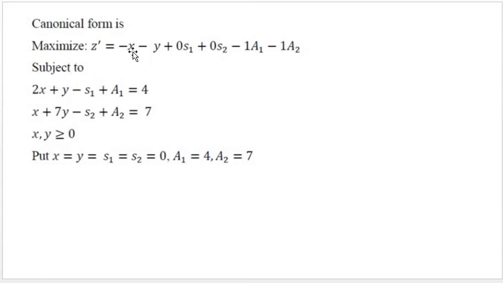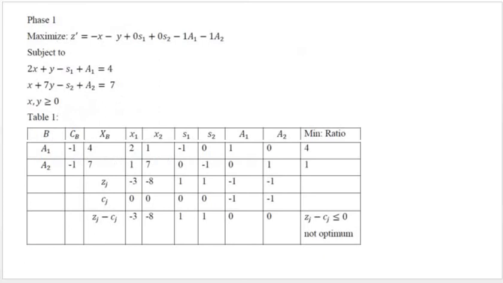Maximize z dash equal to minus x minus y plus 0 s1 plus 0 s2 minus 1a1 minus 1a2 subject to constraints 2x plus y minus s1 plus a1 equal to 4, x plus 7y minus s2 plus a2 equal to 7, x, y greater than or equal to 0, and the initial solution is obtained by putting x equal to y equal to s1 equal to s2 equal to 0, so that we get a1 equal to 4 and a2 equal to 7.